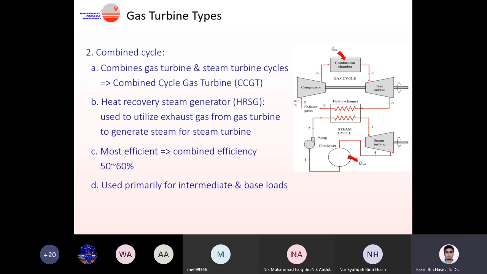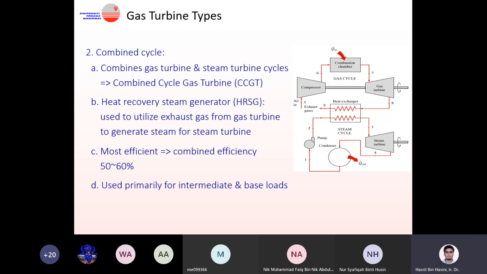So you have a cycle for the steam turbine here. In this case, we have two generators, one coupled to the gas turbine, the other coupled to the steam turbine. So you can have additional power or additional work from this combined cycle gas turbine. You call the steam generator for the combined cycle a heat recovery steam generator, HRSG.